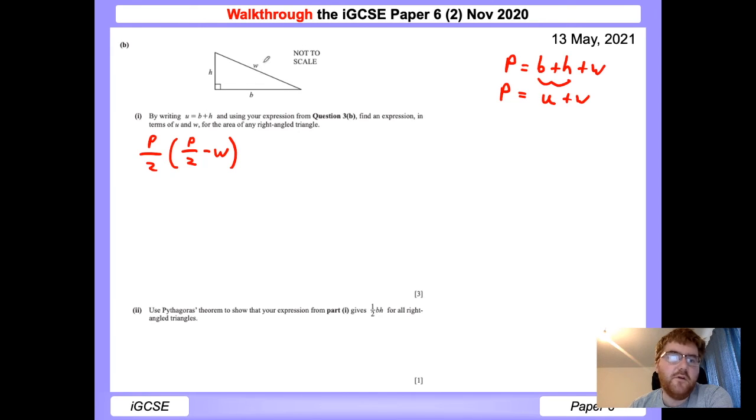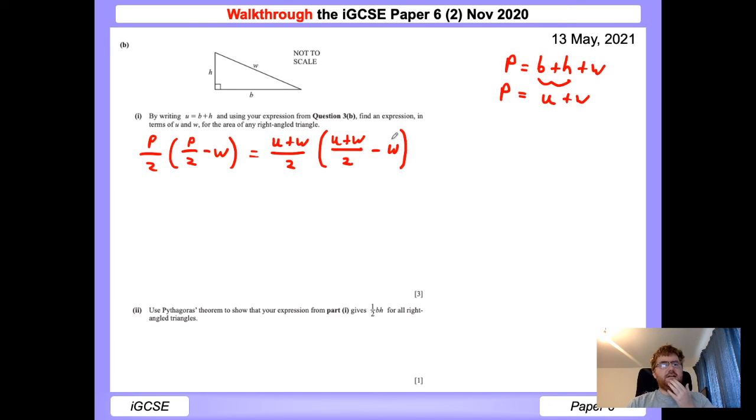w stays the same. We want that in our formula. So wherever I see a p, I'm going to replace it with u plus w. So let's do that. So this is going to be equal to u plus w over 2, open brackets, u plus w over 2 minus w. Yeah, and this is slightly tricky to work out.